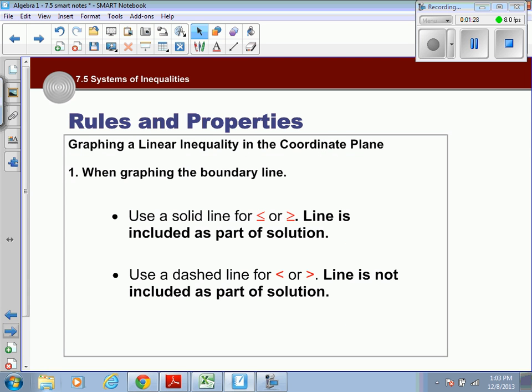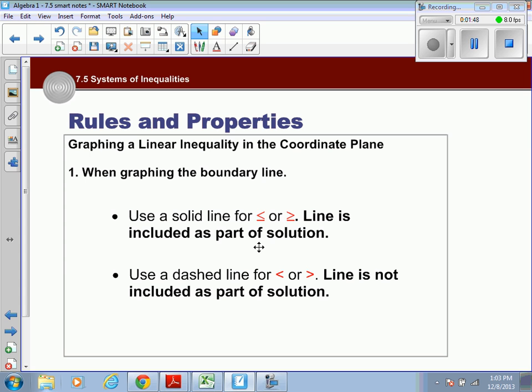There are a couple main things when graphing linear inequalities. The first one is that when we're graphing the boundary line, we have to decide whether we're going to use a solid line or a dashed line. Now this is all predicated on the type of inequality.